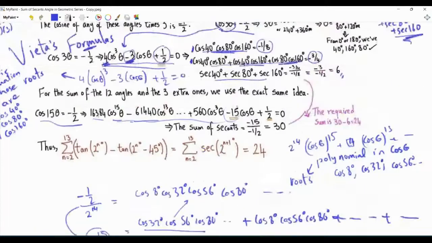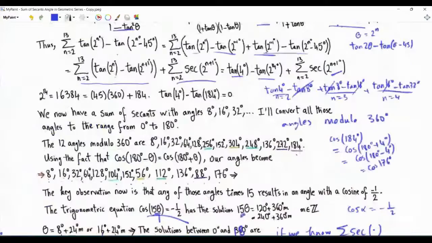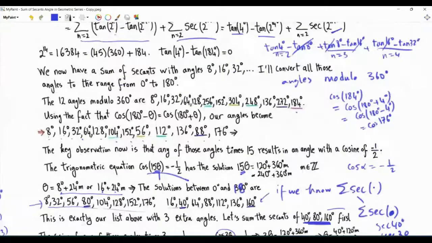So this is the sum of those 15 angles between 0 and 180 degrees that satisfy the trigonometric equation that cosine 15 theta is equal to minus 1/2. Our original interest in this problem is the sum of 12 of those angles.